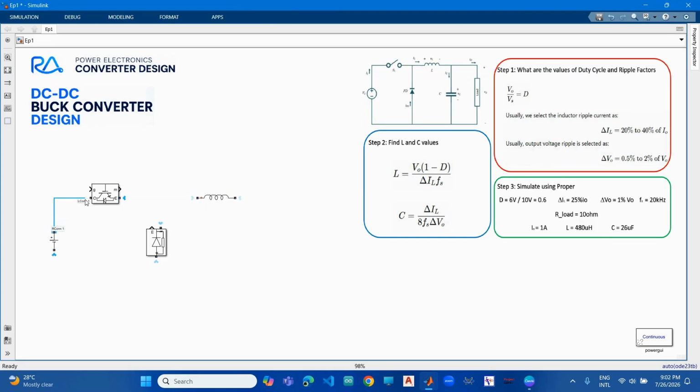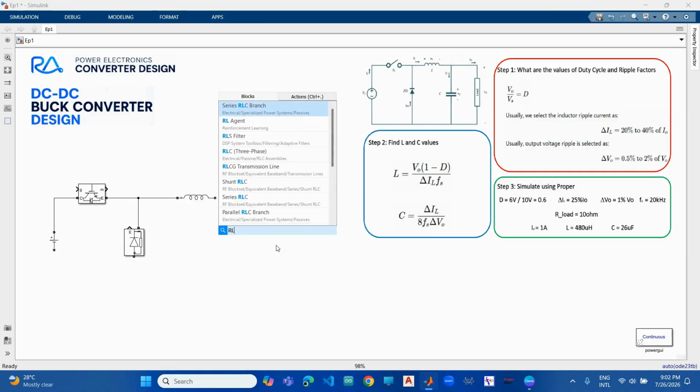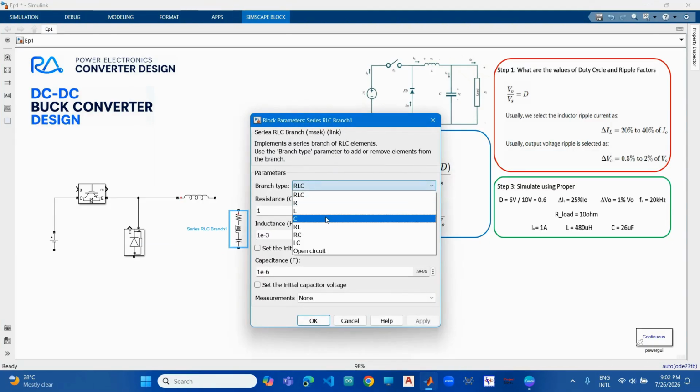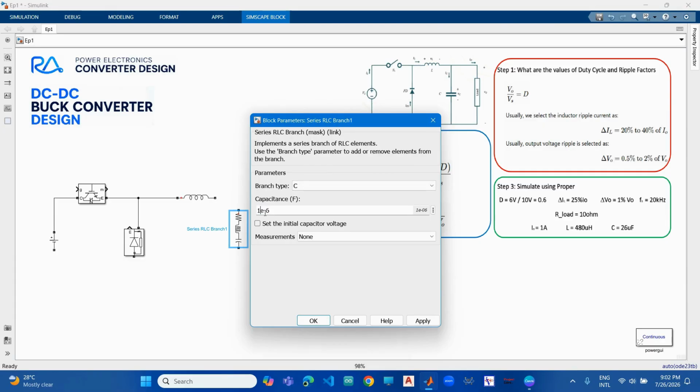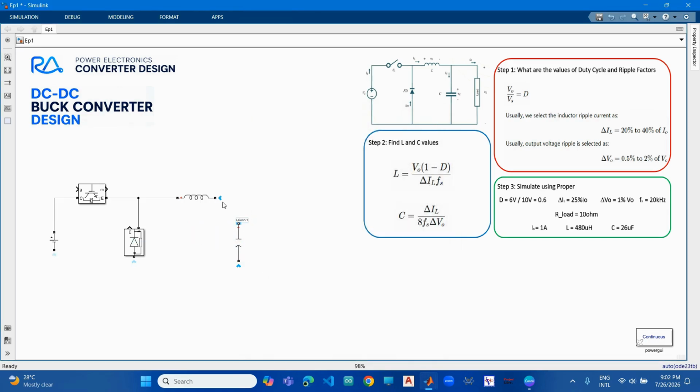First I will connect these things, it will be easy. Then the capacitor. That one also, select series RLC, take that one and make it the capacitor. The value will be 26 microfarad.